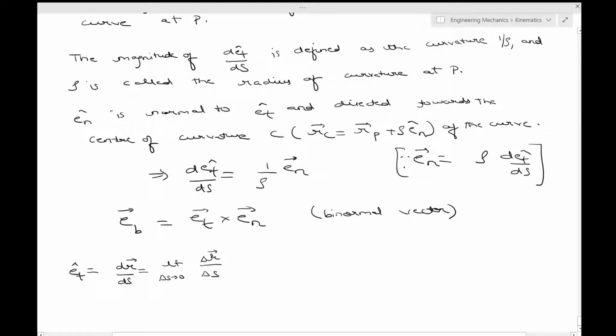Then we have dEt by ds is equal to d2r by ds square. How do we know? Just differentiate this with respect to s, and then you should get d2r by ds square. This was shown to be equal to 1 by rho En hat.